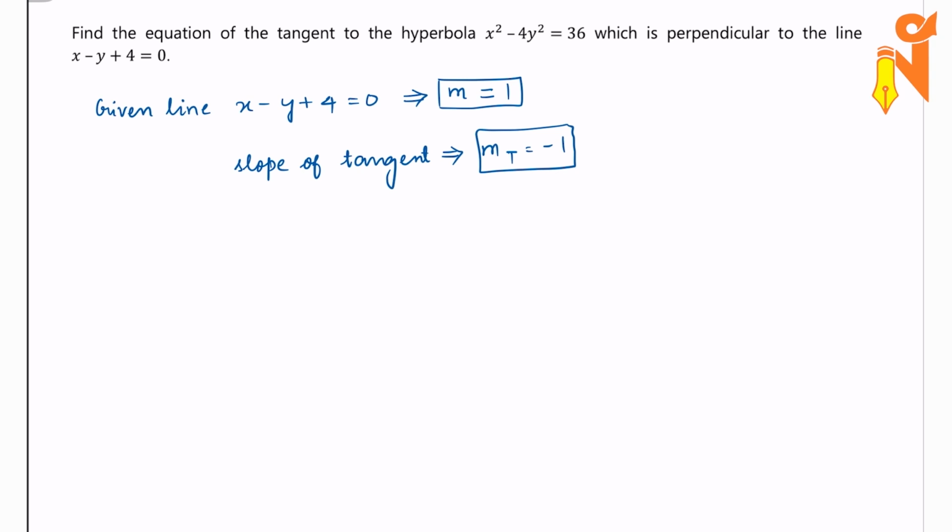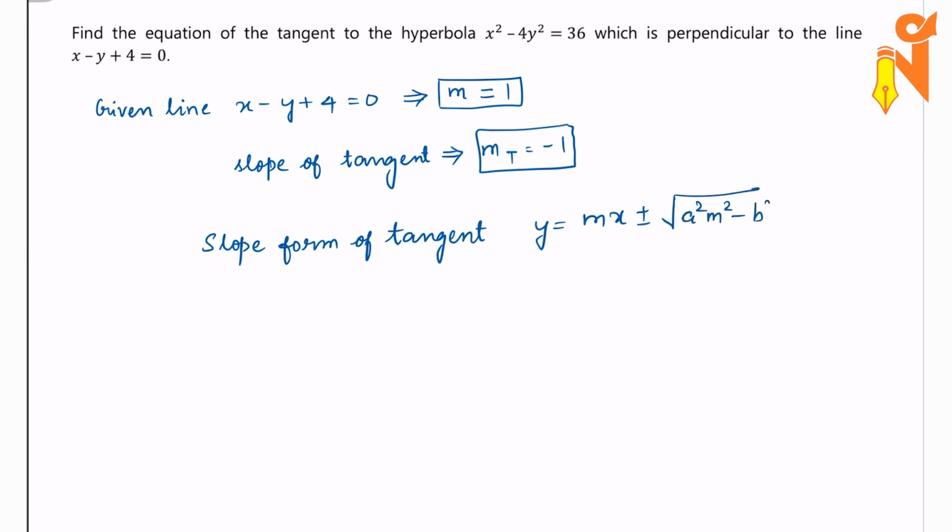Since we know the slope of the tangent, we can use the slope form to find the equation of tangent. Slope form of tangent: y = mx ± √(a²m² − b²). Here m is basically mt. Let me write it in the standard form to get the values of a² and b². Divide throughout by 36, so you'll get x²/36 − y²/9 = 1.